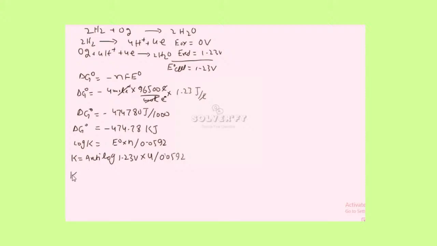So K is equal to antilog of the answer of the calculation, which is equal to 41.55. So K is equal to antilog of 41.55, which is equal to 3.5 into 10 raised power 41.